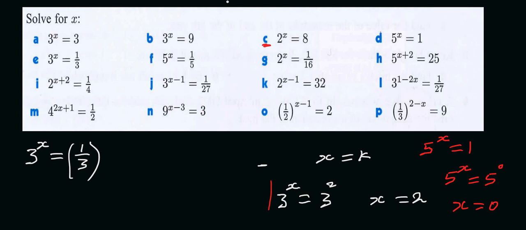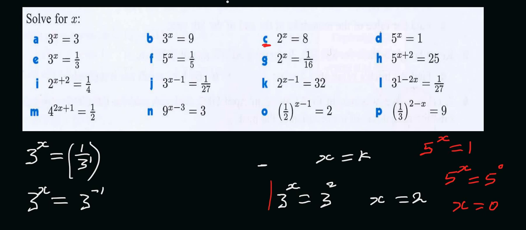You recall that if you have a fraction with a denominator having a positive exponent, because this 3 can be written as 3 to exponent 1, we can make this a whole number by just changing the exponent of the denominator to a negative exponent. So this will become 3 exponent x is equal to 3 exponent negative 1.